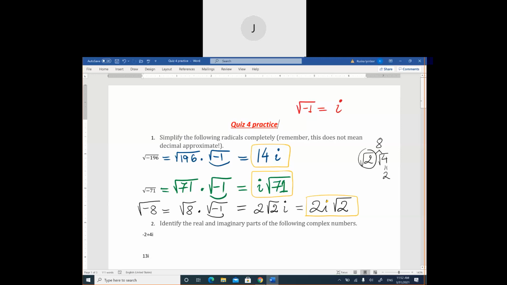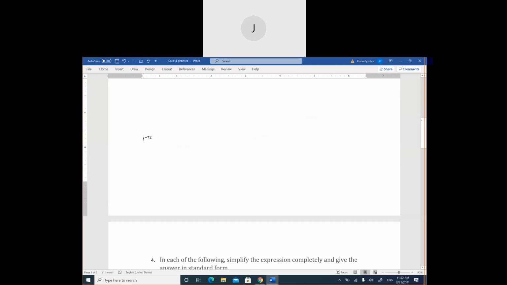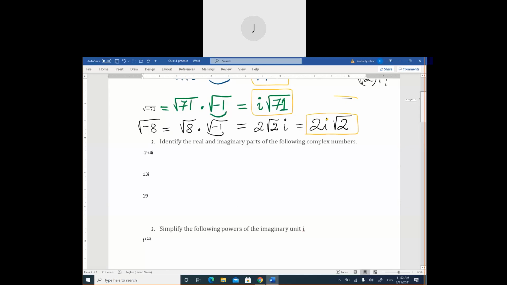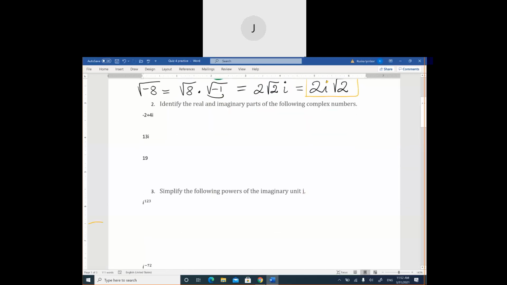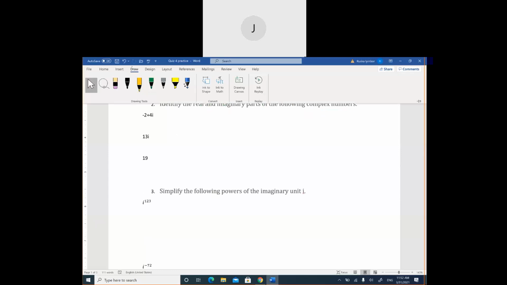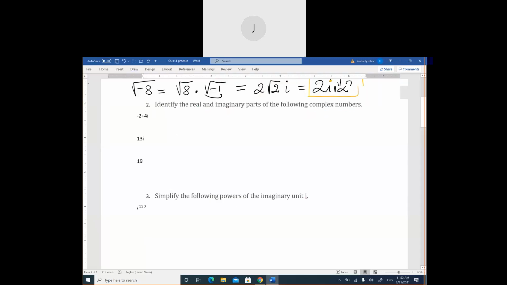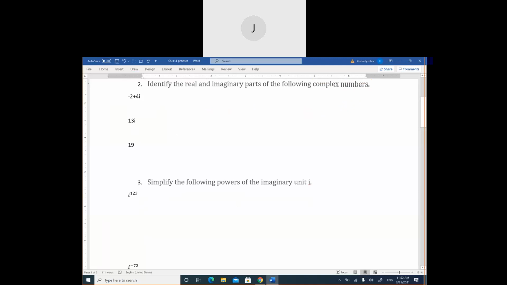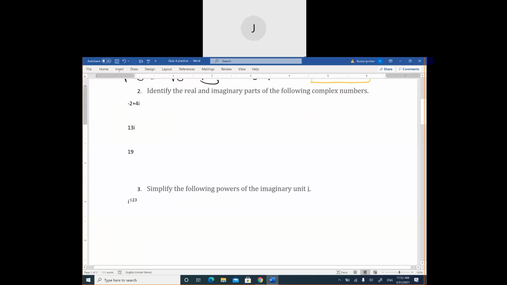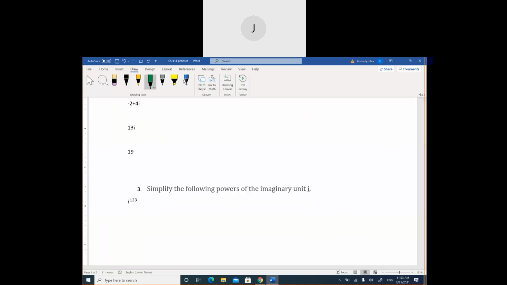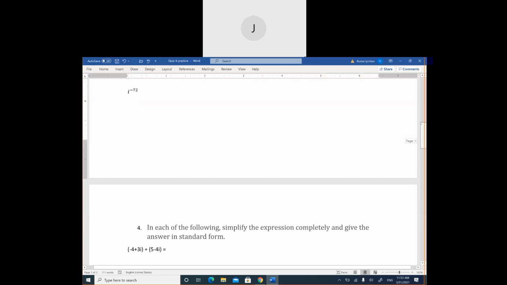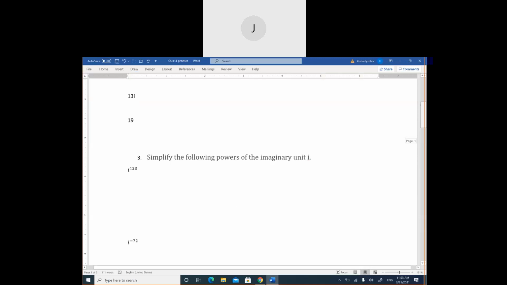Then you're going to go to number 2. Okay. Number 2, let me make it bigger like this. For number 2, we have to identify which one is the real and which one is the imaginary part, right? That was really easy.